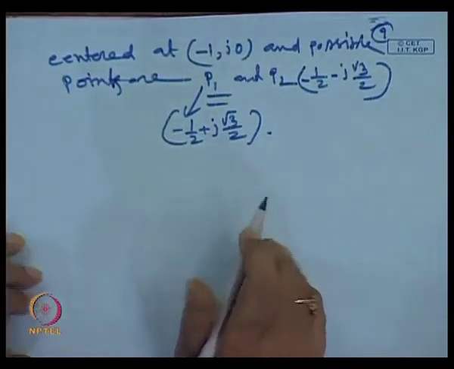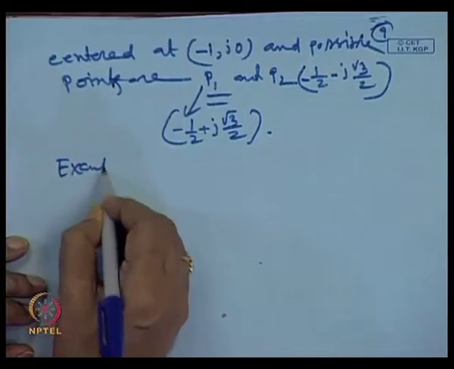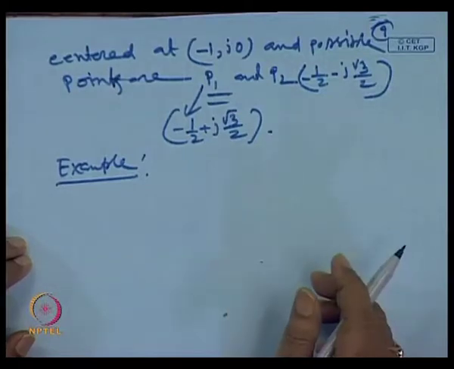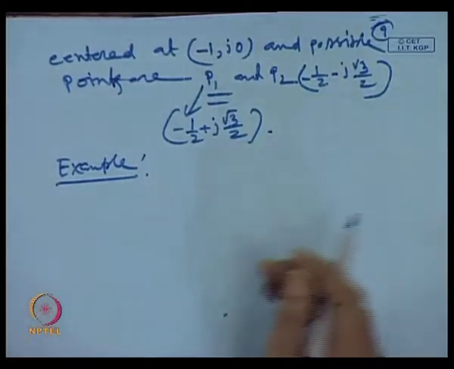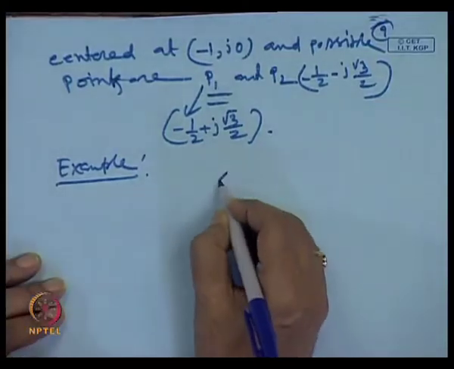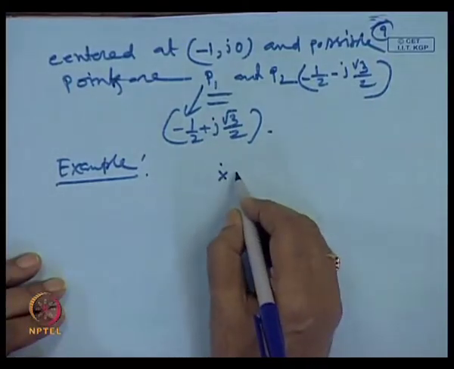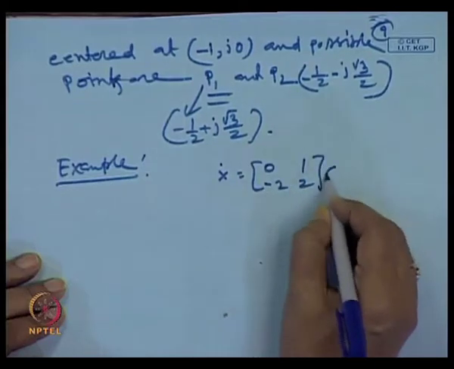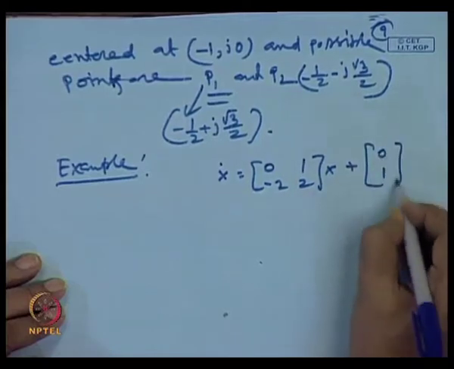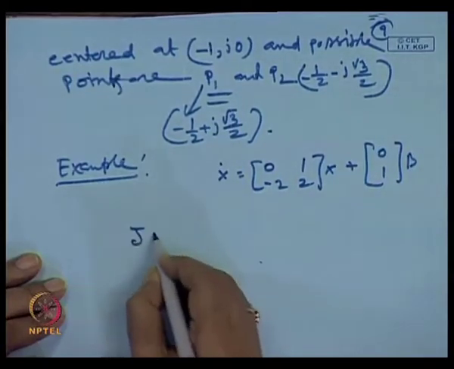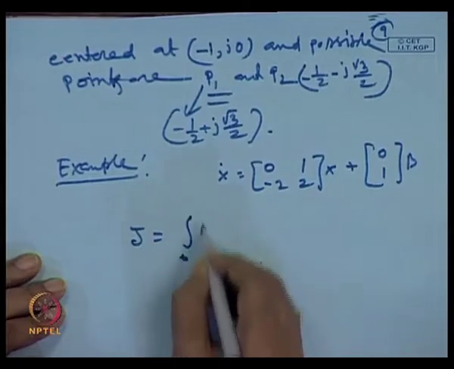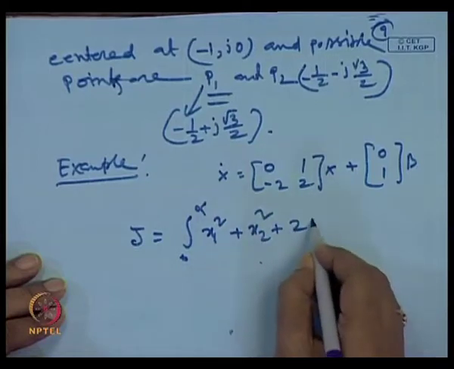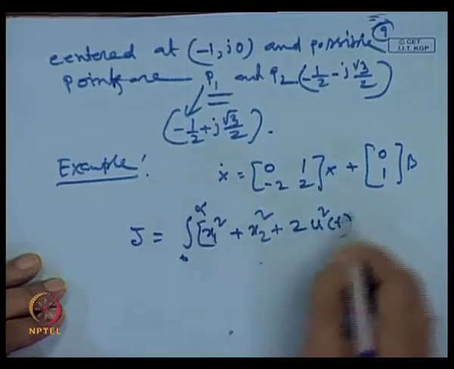If you recollect our earlier example, let us see what gain margin and phase margin we will achieve after implementing the LQR controller. The earlier example was x dot is equal to [0, 1; minus 2, 2] x plus b u, where b is [0, 1], and our performance index is half integral from 0 to infinity of x1 square plus x2 square plus twice u square dt.